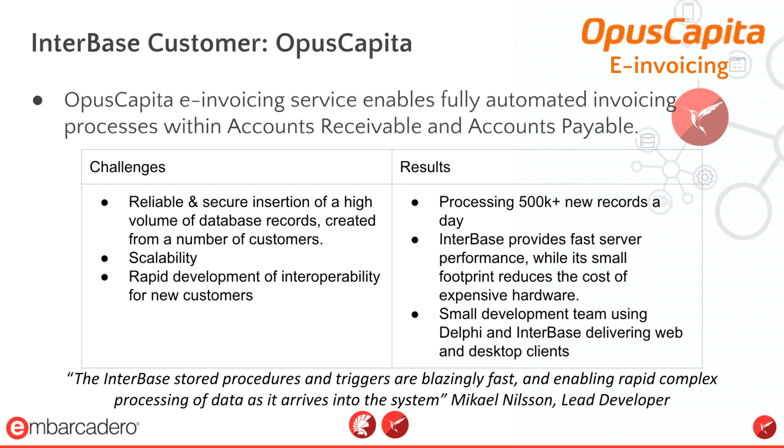At their peak load, they're processing over 500,000 new records a day into InterBase. 500,000 financial transactions, and they're being trusted by governmental organisations and huge blue chip organisations around the world to process and automate their whole e-commerce invoice management, including procurement. That's their superpower, providing a great solution with InterBase behind it.